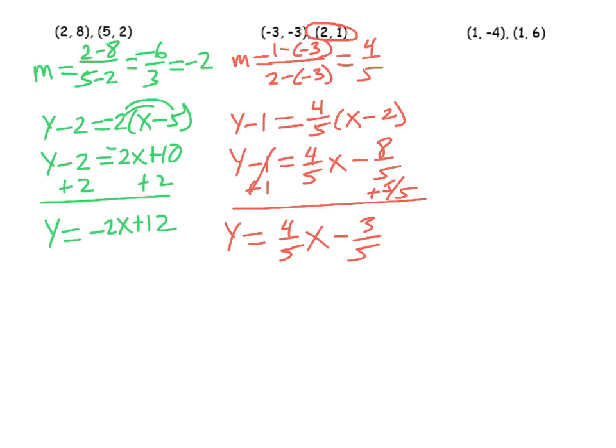When we get that to slope-intercept form, typically speaking, we would take a look and see, hey, could I reduce any of those fractions? But here, no, 4/5 and 3/5.